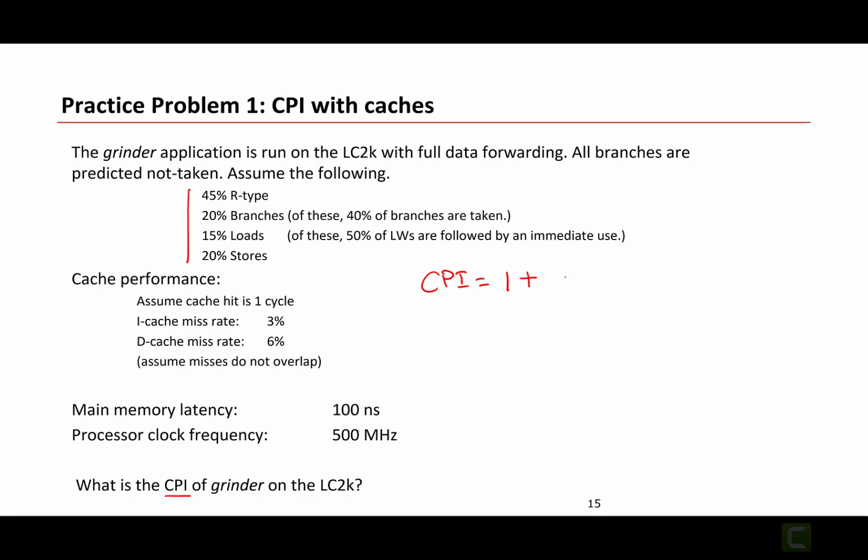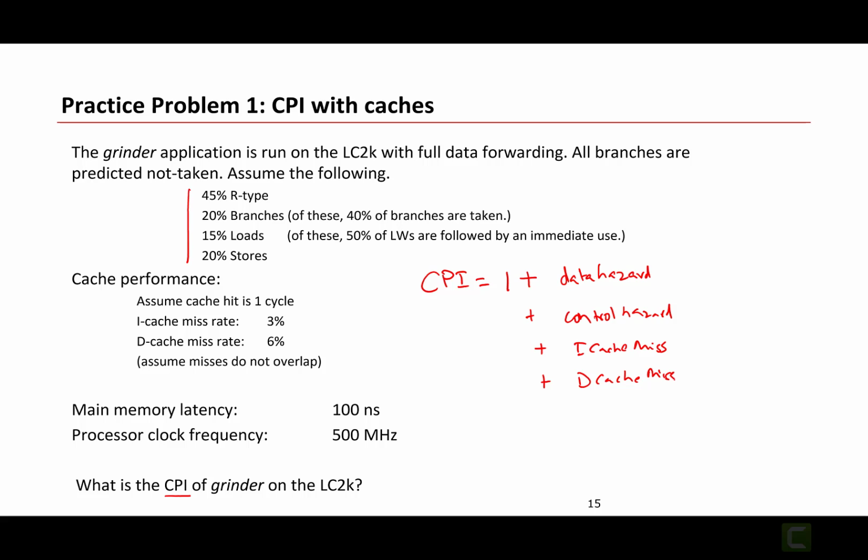The different types of hazards are, you have to have some penalty for data hazard, some penalty for control hazard. And now we also need to have a penalty for the iCache miss rate and data cache misses.